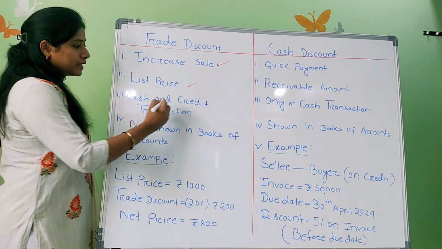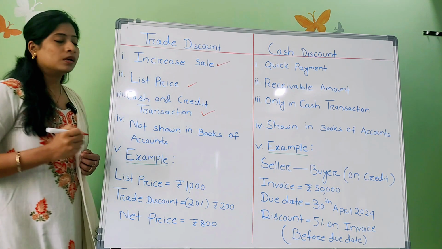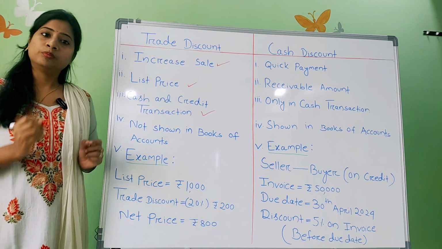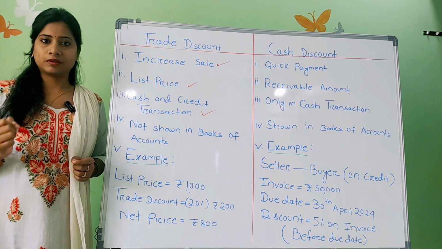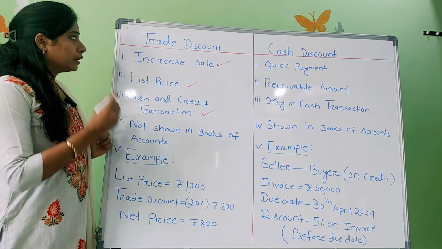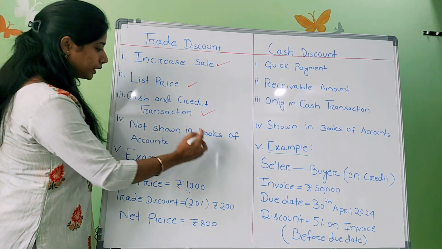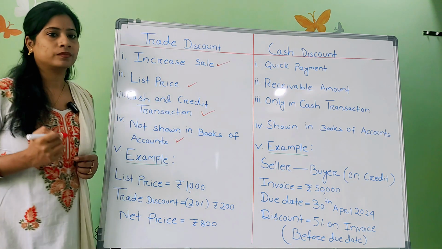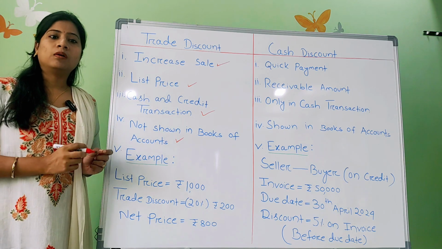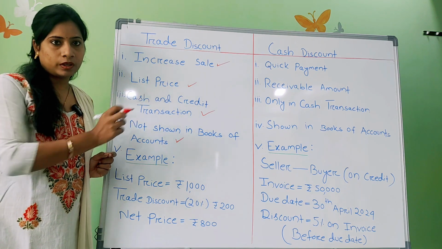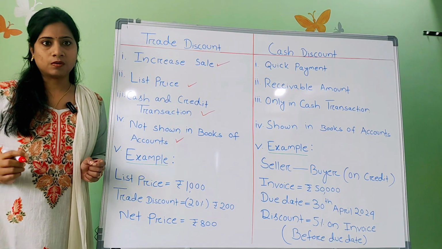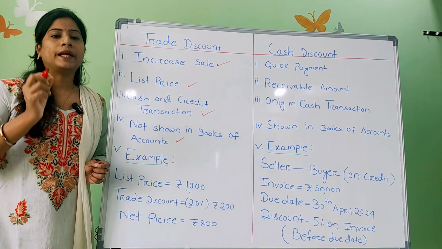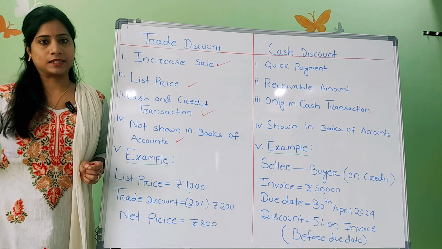Then third point is cash and credit transaction. Trade discount is allowed both for cash and credit transaction. Okay. Fourth point is trade discount is not shown in books of accounts. Trade discount is allowed on list price, and we record all the transactions in books of accounts on net price or net amount, which is the actual price.